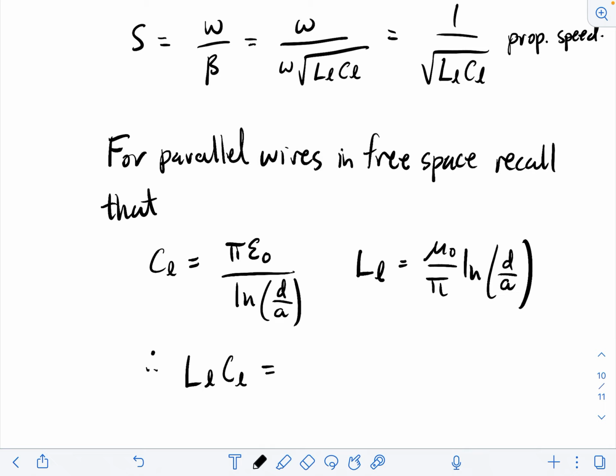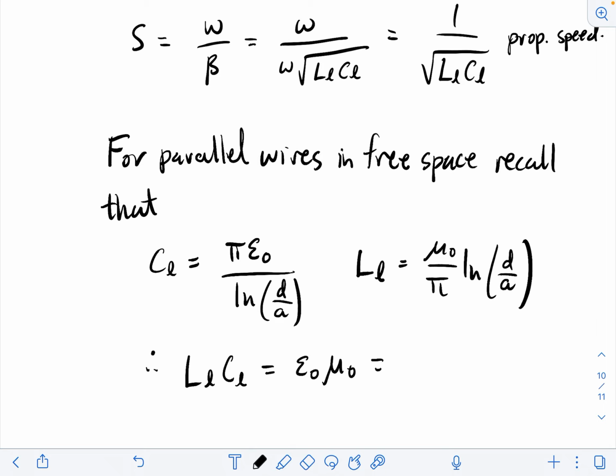So it's kind of interesting. It doesn't matter what the distance between the conductors is or what the radius of the conductors is. The factors of pi cancel, and we get epsilon naught times mu naught. But you may know that the permittivity of free space and the permeability of free space, when you take their product, gives you 1 over the square of the speed of light.